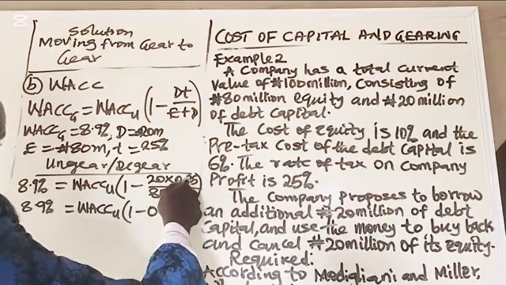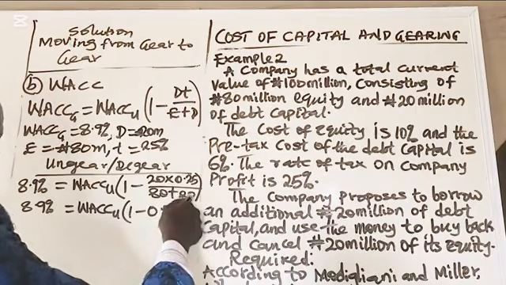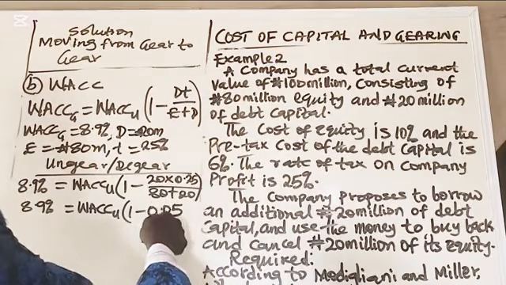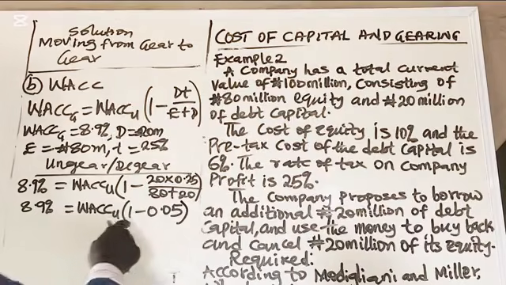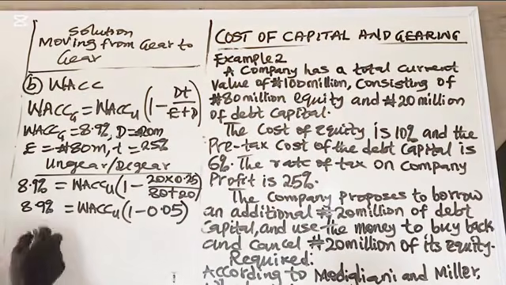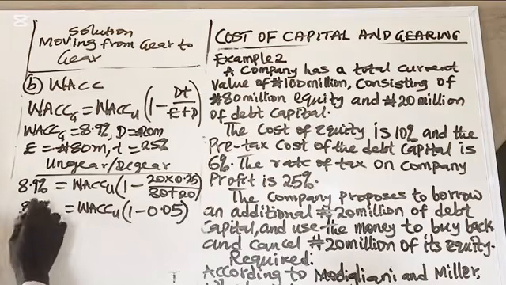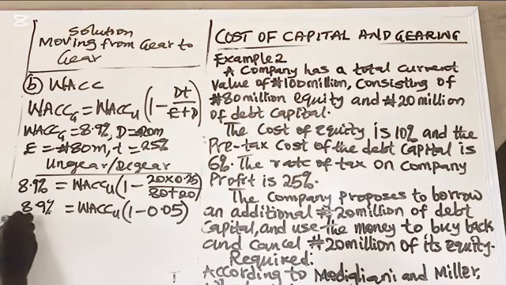The numerator is 5 and the denominator is 100, 5 over 100, that is what gives us this. So subtract it from 1 and you have 0.95. And the 8.9%, if you divide by 100 to convert it to decimal, will be 0.089.